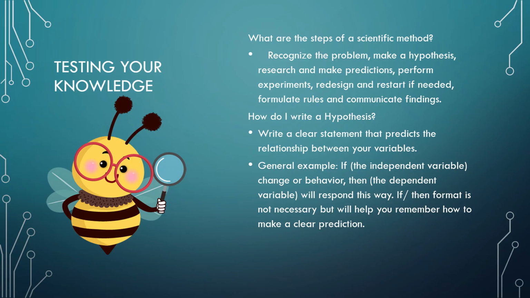And the format does not always need to be the same, but basically this is the easiest way to remember. So if I test regular Coke versus Diet Coke, then I am going to find out that Diet Coke is going to fizz more due to the presence of sweetener.